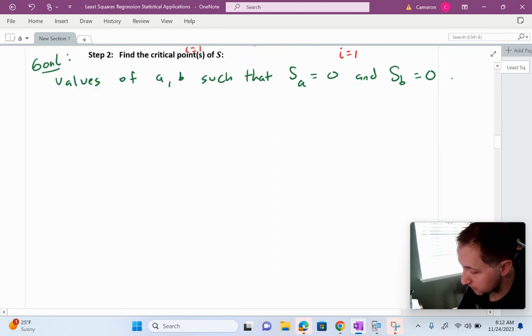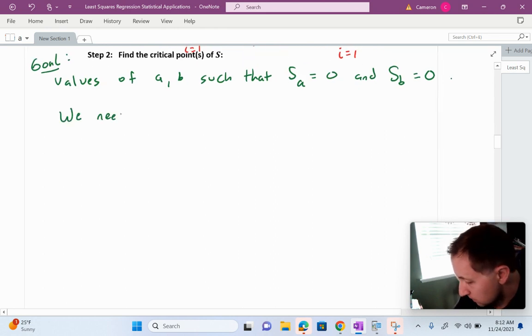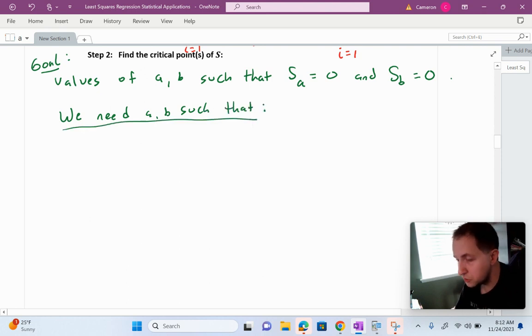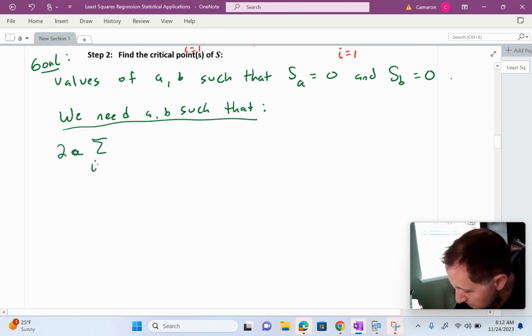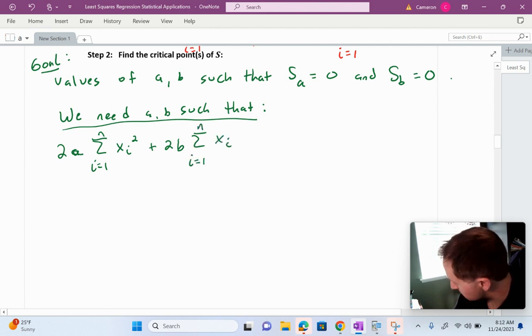Okay, so basically, what does that mean? We need a and b such that, okay, so here's where we come into using the partials that we just calculated. Our s sub a, if you remember, was 2a sum i equals 1 to n, x sub i squared plus 2b sum i equals 1 to n, x sub i minus 2 sum i equals 1 to n x sub i y sub i.